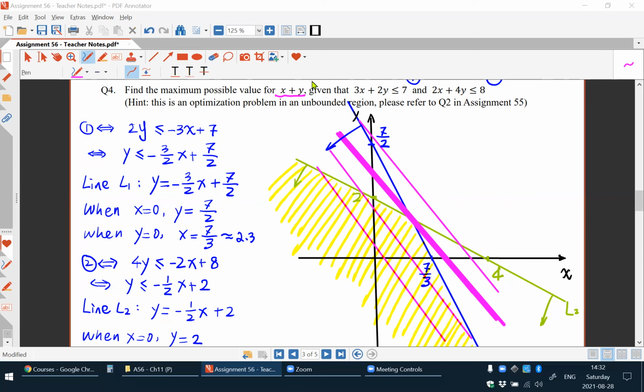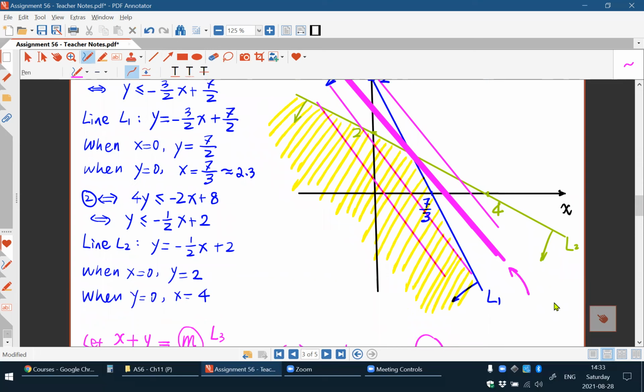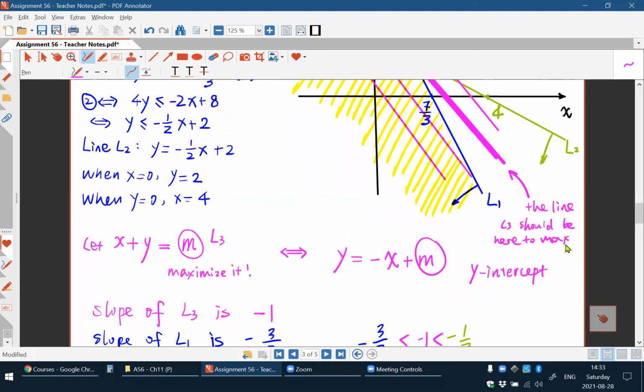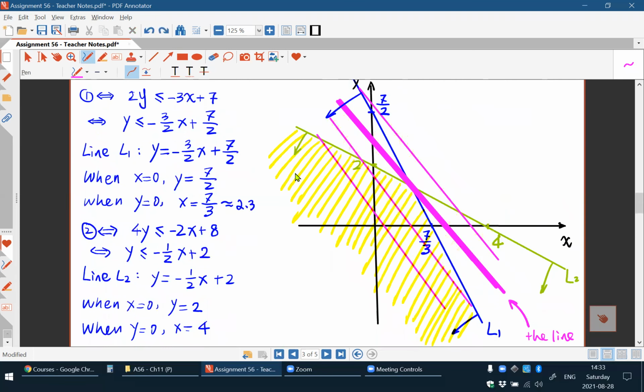Okay, so let's make a note here. The line L3 should be here to maximize m, right? Okay, so that means this line should cross the point here, right?